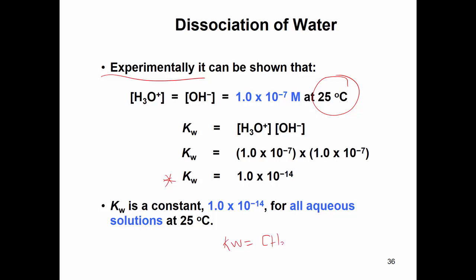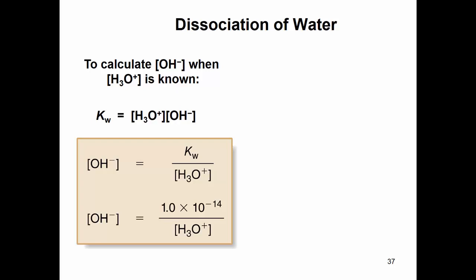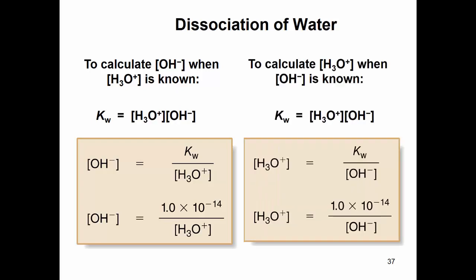All right, so what you want to put on your flashcard is Kw equals hydronium times hydroxide concentration, but we always know this number, right? We always know it. So we can use that. Just like any of our other calculations, if we know what Kw is, and we know either hydronium, their acidic concentration, or the hydroxide, then we can always solve for the other.